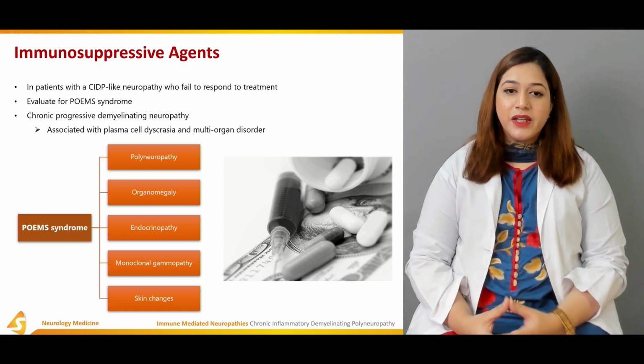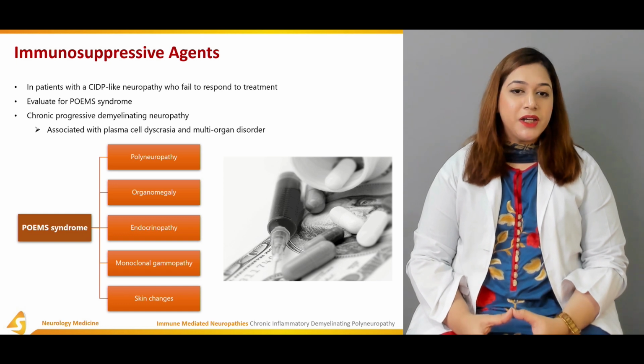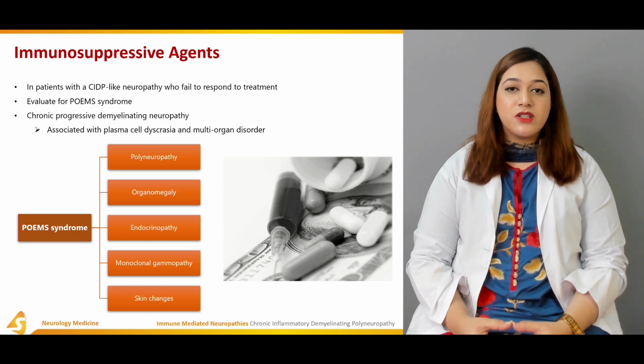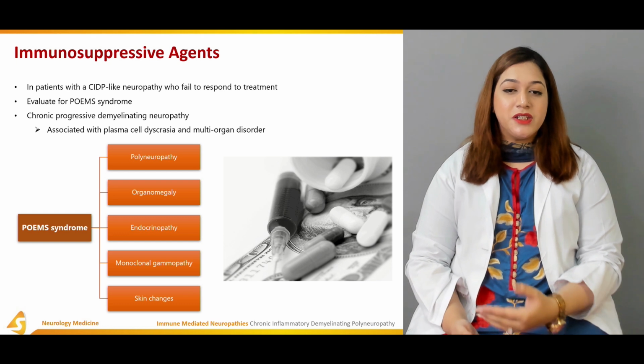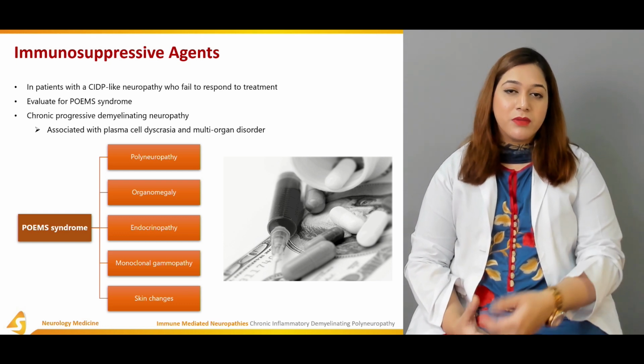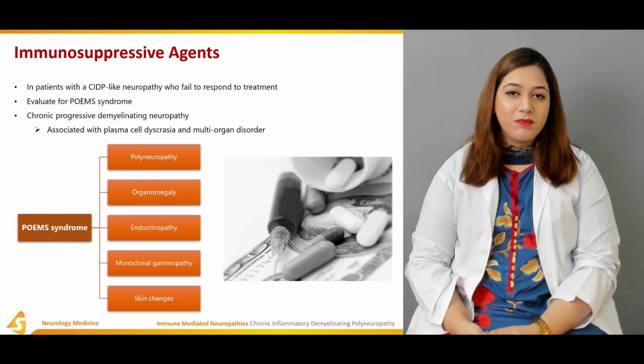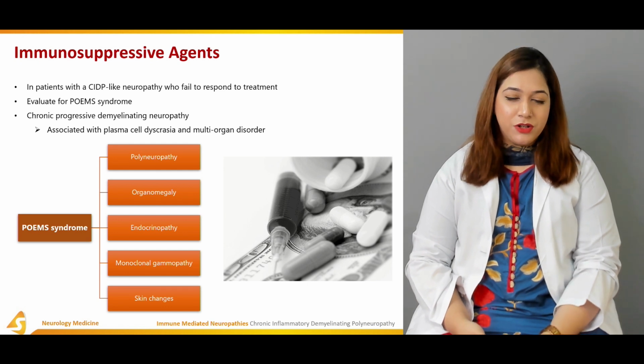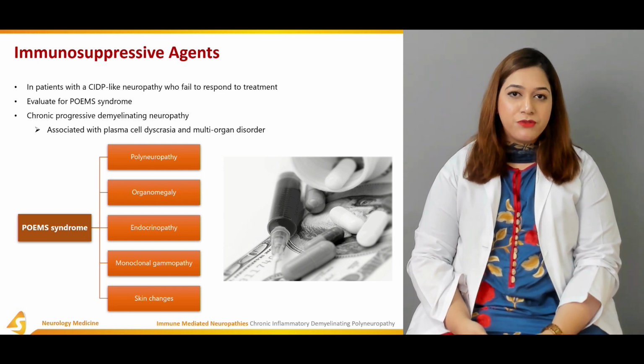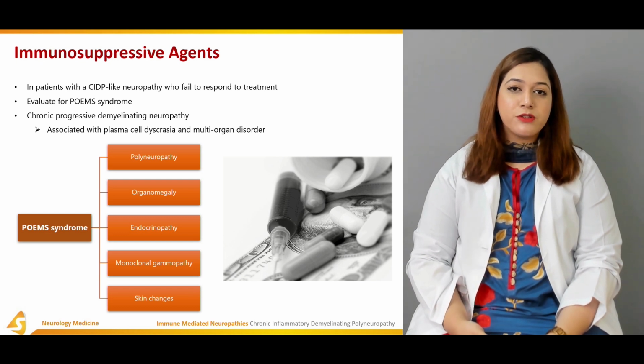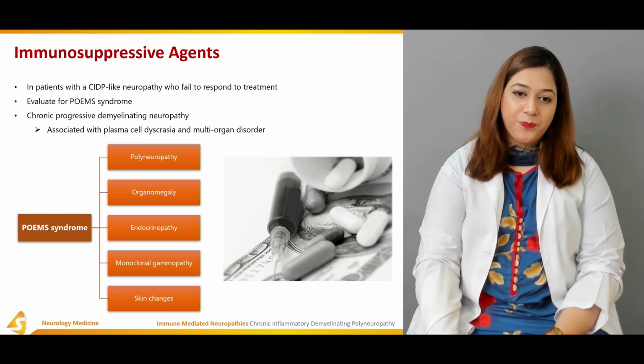It is basically a chronic progressive demyelinating neuropathy, which is associated with plasma cell dyscrasias such as MGUS or multiple myeloma, and multi-organ disorder, and it does not respond to treatment. So it is very important in patients who fail to respond to treatment, always evaluate for POEMS syndrome.